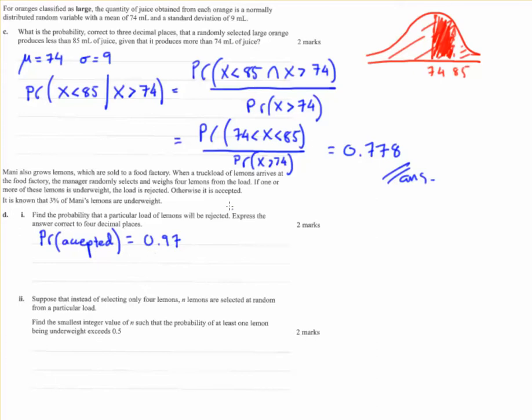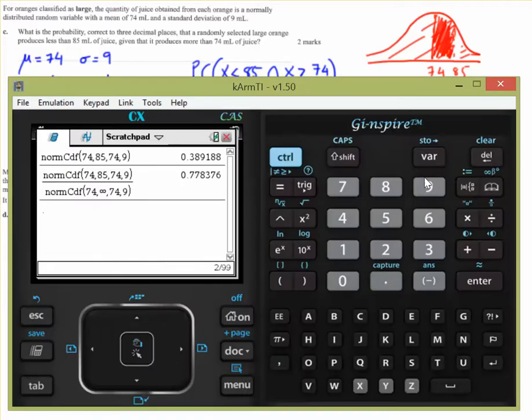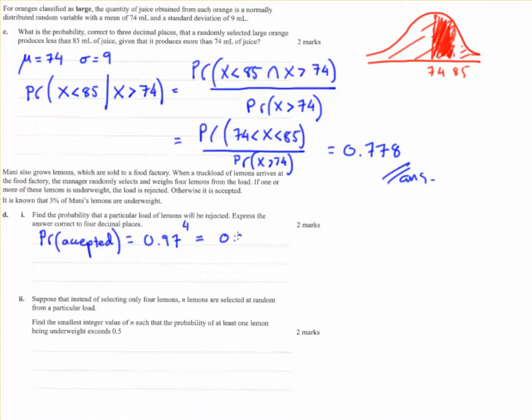We're assuming these are independent events, so we take 0.97 to the power of 4, which gives us 0.885293. That's the probability of a batch being accepted.